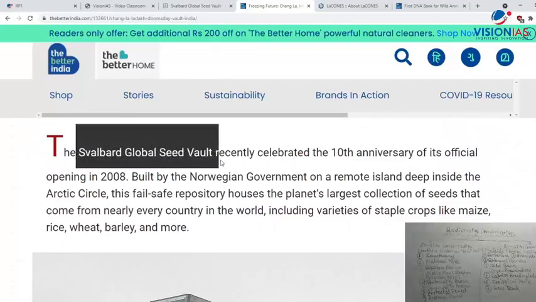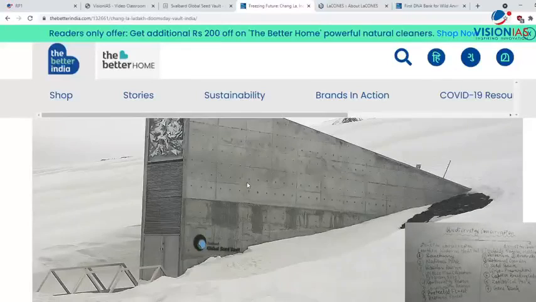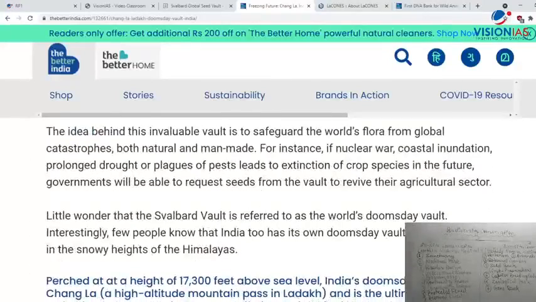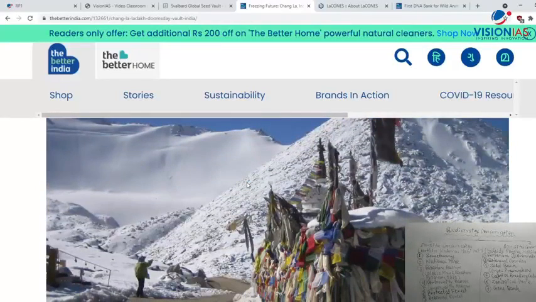This global seed vault in Svalbard completed its 10th anniversary in 2018. That is in Norway as part of the bank, and this is a photograph of the global seed vault. And now India has developed its own. Now this is India's Ladakh. In Ladakh, DRDO manages this seed bank.